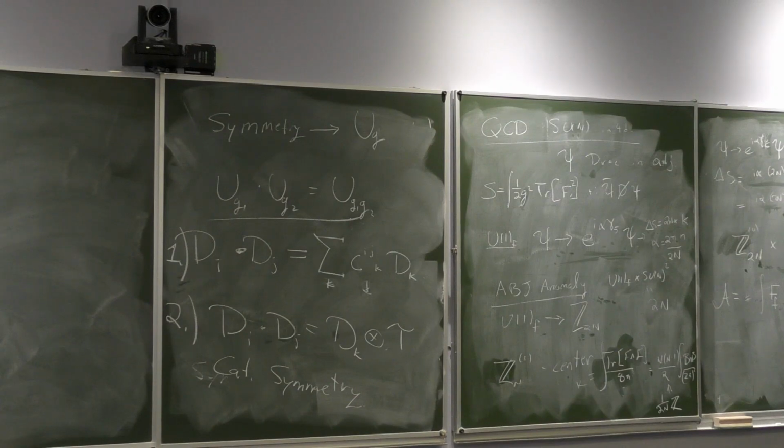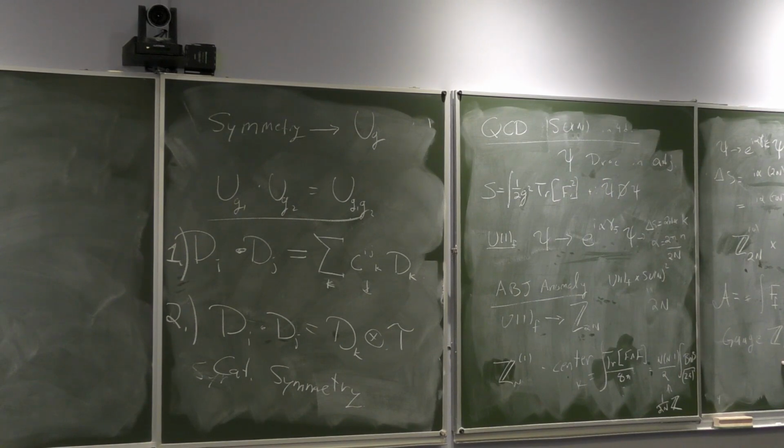And so if you gauge this B2, now this is some dynamical field strength, or it looks like a dynamical field strength. And this is again an ABJ anomaly that completely breaks the Z_2n. So if you gauge Z_N^(1), Z_2n is broken to Z_2.